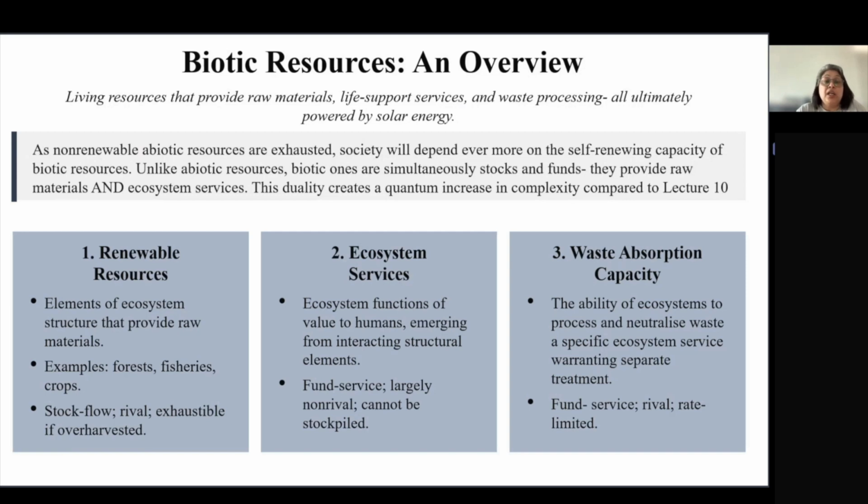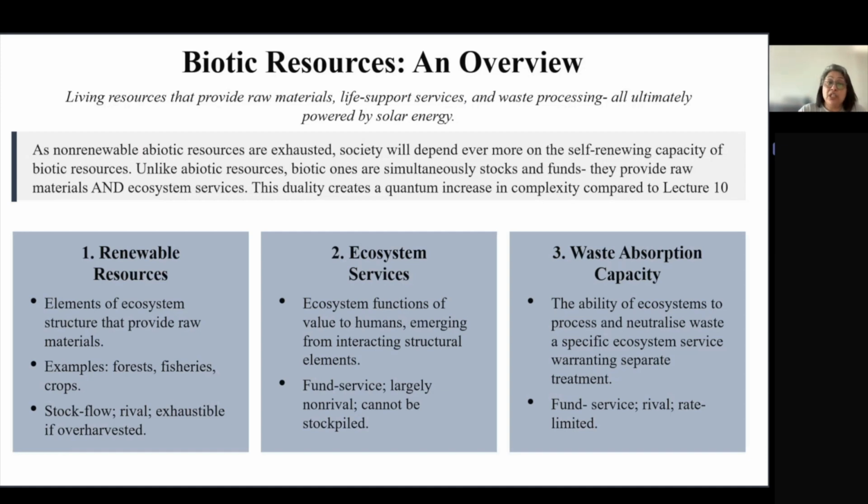Now here is what makes biotic resources fundamentally more complex than abiotic ones. A fossil fuel deposit, if you remember, we discussed, is simply a stock. A mineral ore is also a stock, but a biotic resource, which is a forest, fishery, or wetland, is simultaneously a stock and a fund.